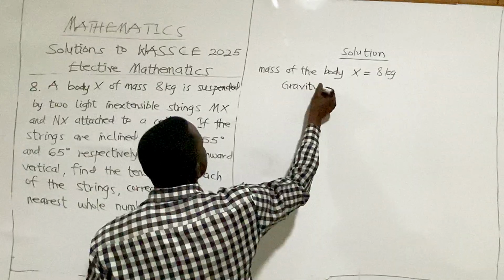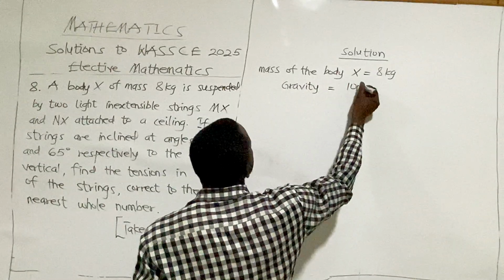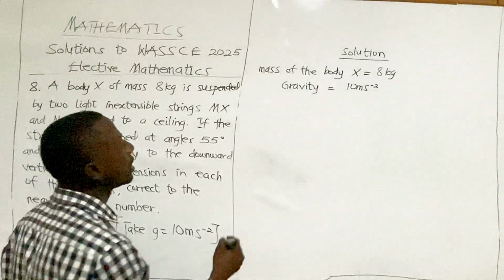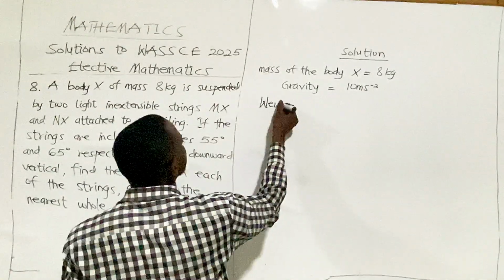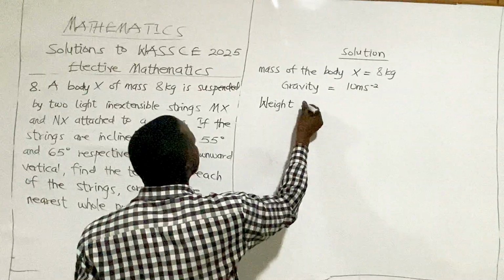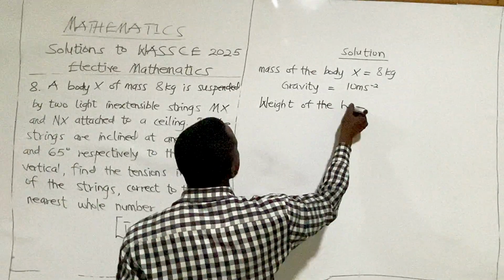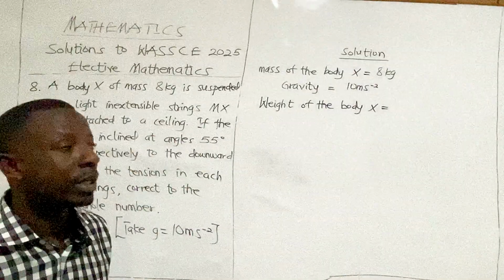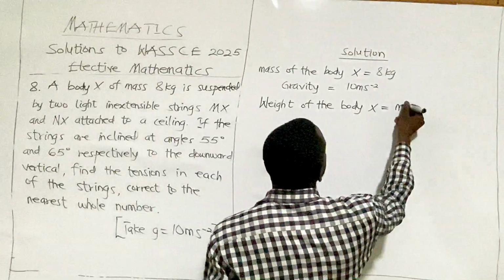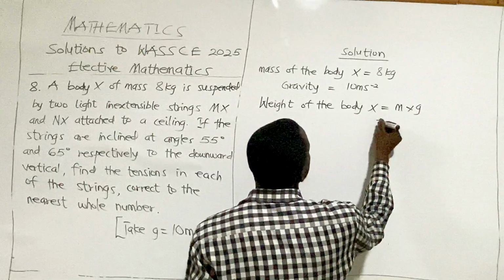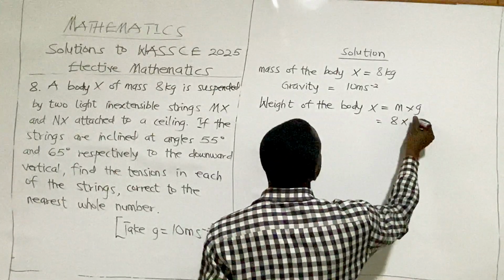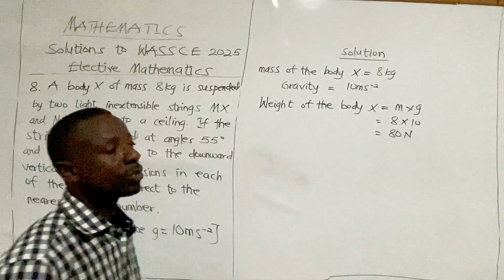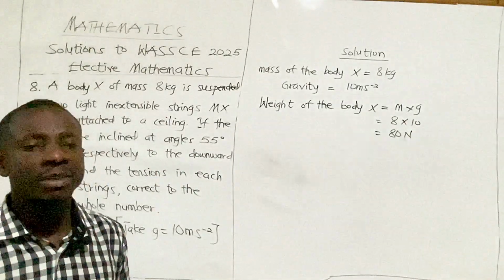We need to get the weight of the body X. The weight is mass times gravity, so 8 times 10, and you're getting 80 Newton. This will be the weight of the body.